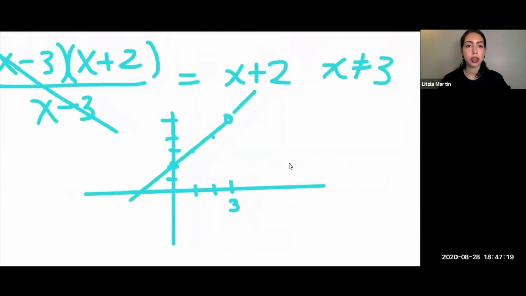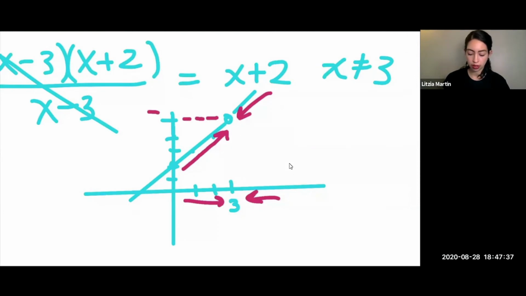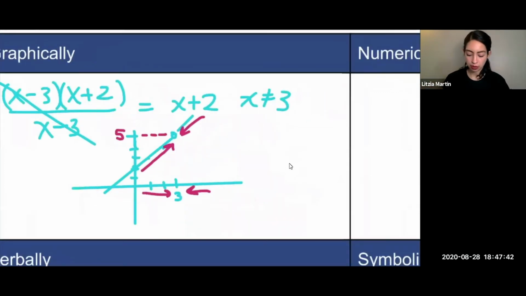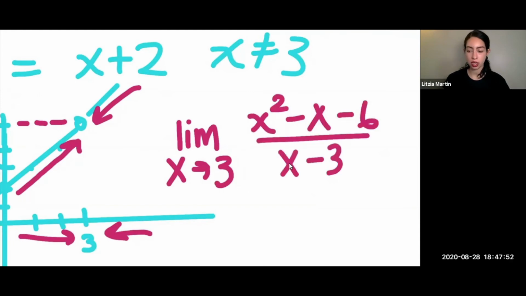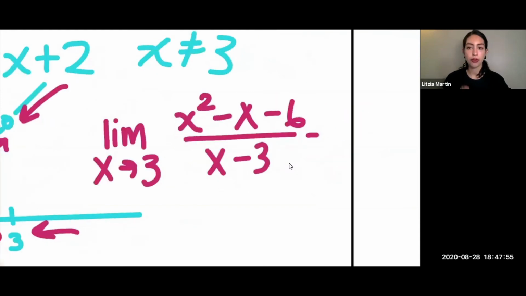So what we're going to do now is check graphically. As we see these x values approaching 3, what are their corresponding y values doing? What y value are they approaching? And we see here it's approaching 5. So we know that the limit as x approaches 3 of x squared minus x minus 6 over x minus 3 is equal to 5.